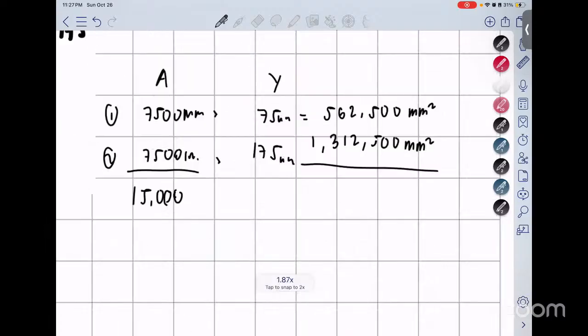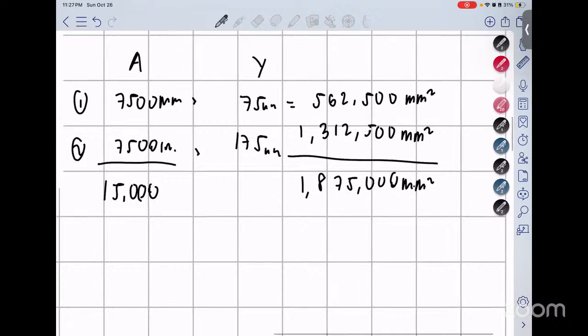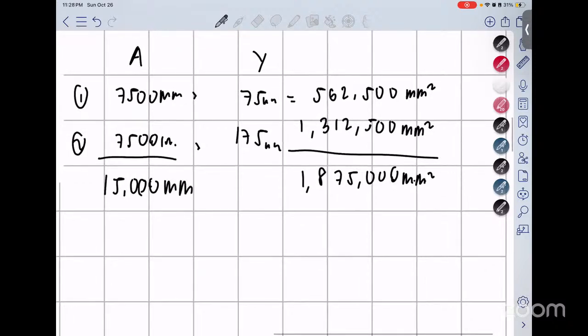So then this will become, wait, 1,875,000. So you get this number and then divide it by 15,000.